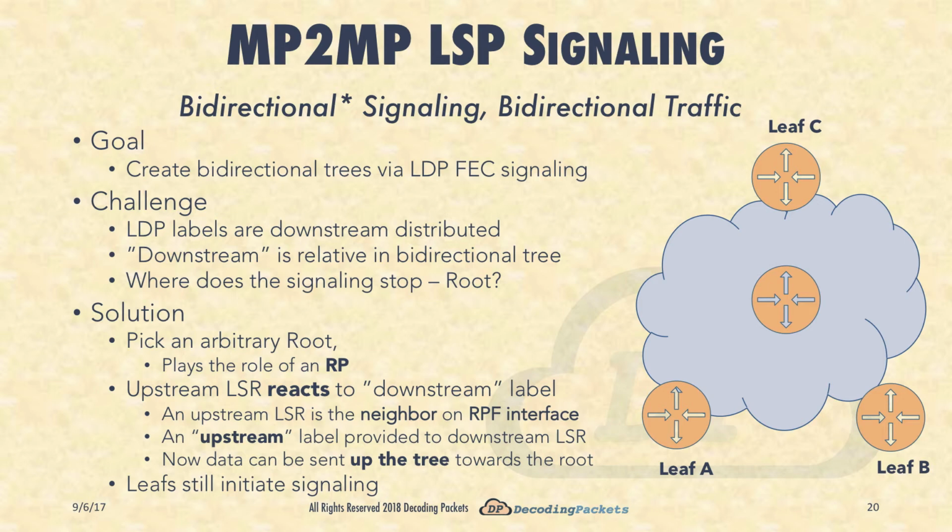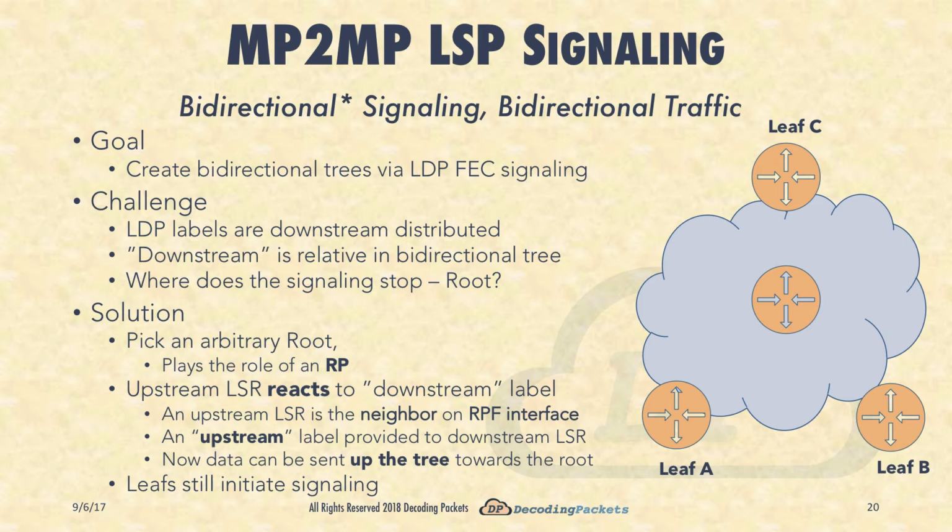One challenge lies in the way LDP works. As mentioned earlier, remember my cheesy little pop quiz? In that, the LDP labels are downstream distributed. But downstream really is relative when it comes to a bidir LSP, or bidirectional LSP. It is relative to the direction of traffic you're concentrating on at that moment.